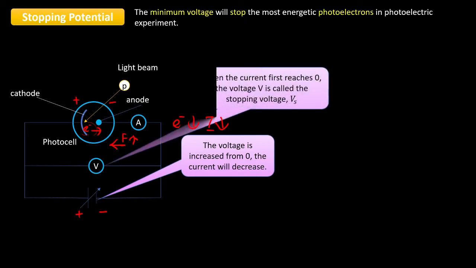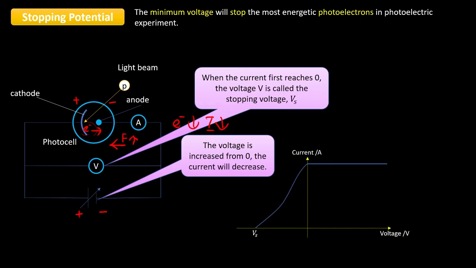When the current first reaches 0, the value shown on the voltmeter we call the stopping voltage. The stopping voltage is where the photoelectrons no longer reach the anode, meaning they are totally stopped. The photoelectron has no motion; the velocity is equal to 0.